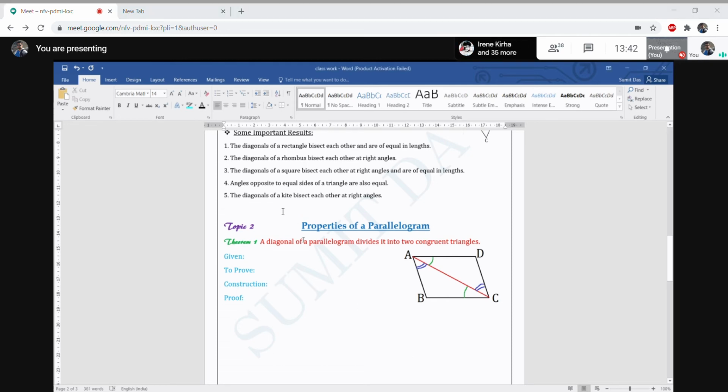What is given? A diagonal of a parallelogram divides it into two congruent triangles.